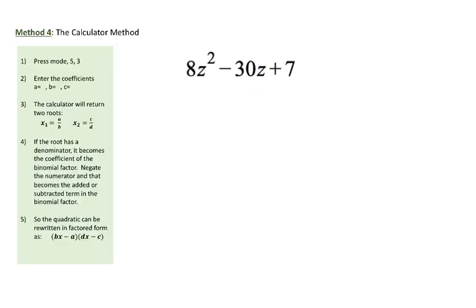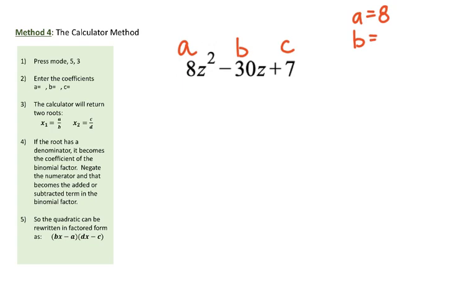Okay, I'm actually going to do that same example another time, but now I'm going to show you how to use the calculator method, which is very popular with students because it's a lot faster. You take your Casio calculator, and you press mode 5-3, and when you do that, you'll see A equals, and in this case, A equals 8.